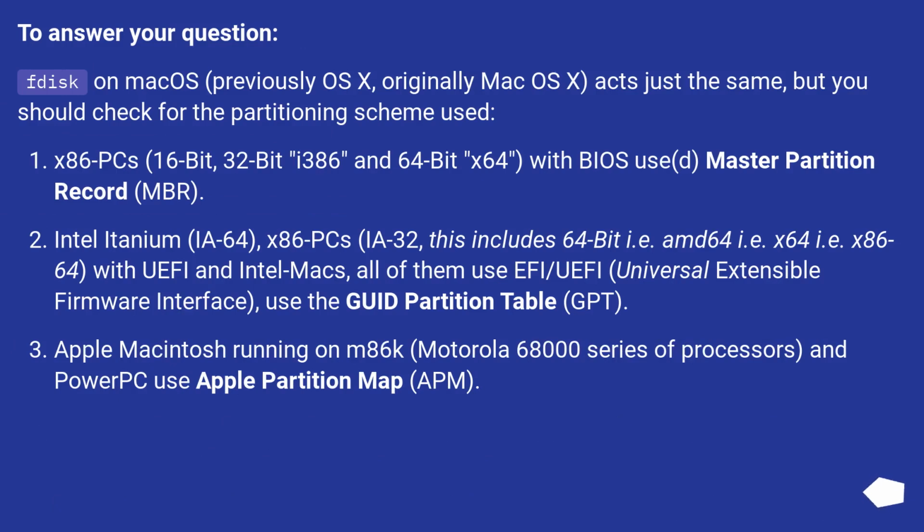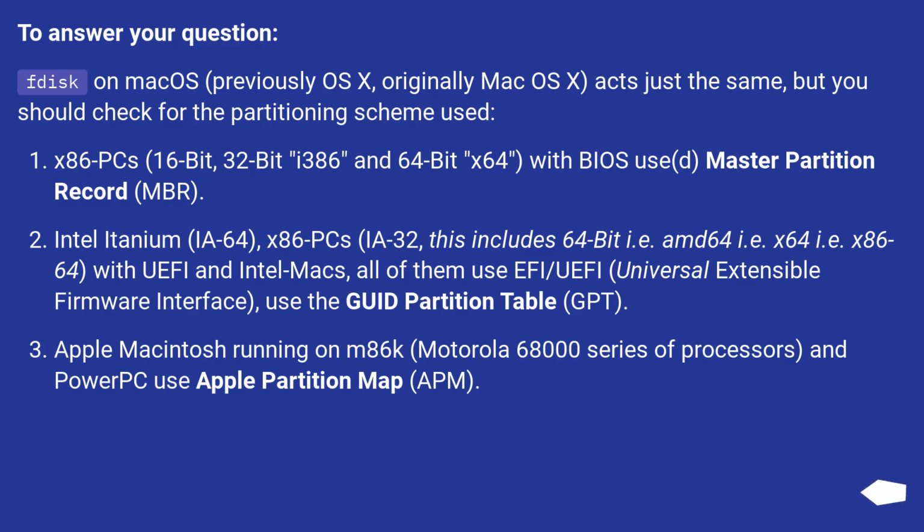To answer your question, fdisk on macOS, previously Mac OS X, originally Mac OS X, acts just the same, but you should check for the partitioning scheme used. x86 pieces, 16-bit, 32-bit i386 and 64-bit x64, with BIOS use the Master Boot Record, MBR.